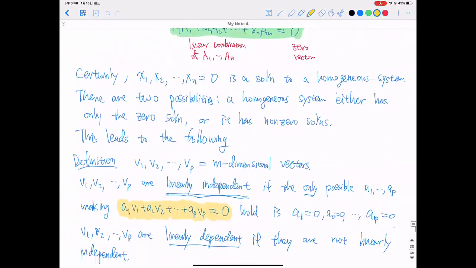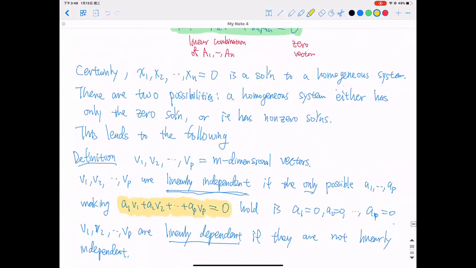Now, for convenience, I should introduce a name for these A's. What we have, A1 V1 through Ap Vp, is a linear combination of V1 through Vp.